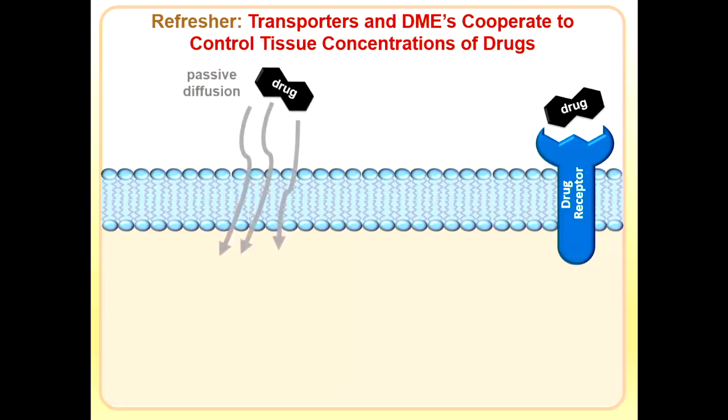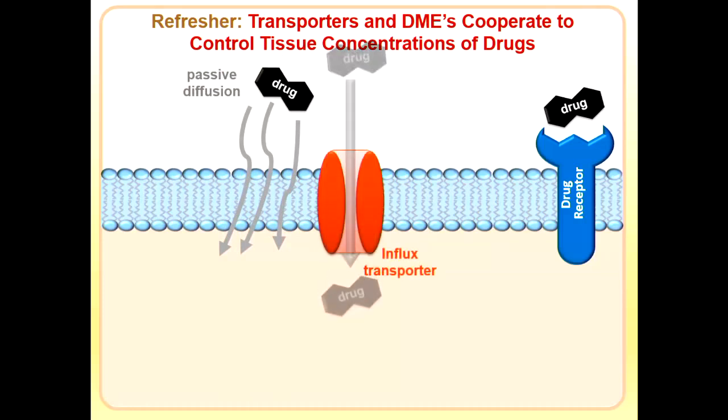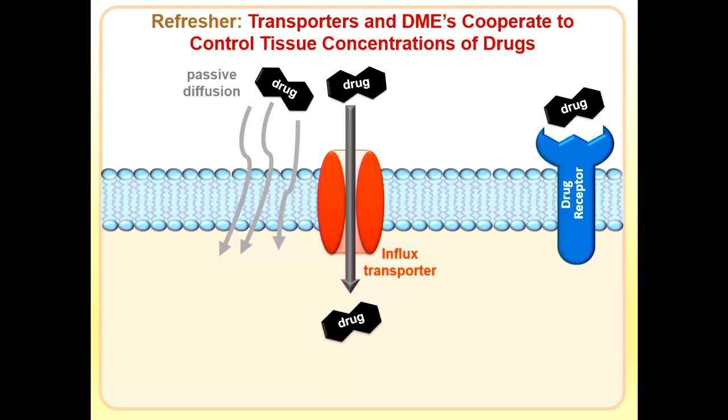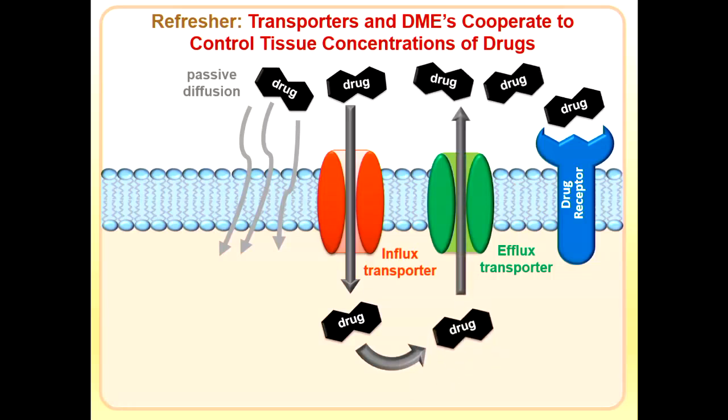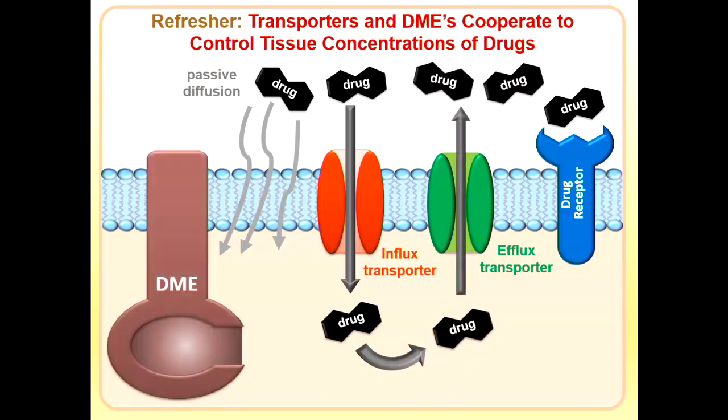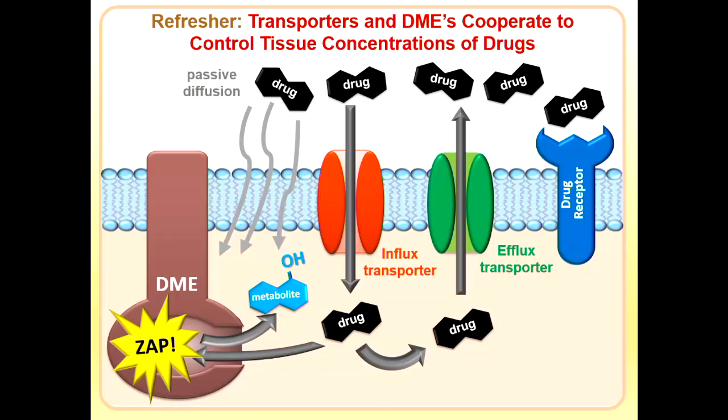So that's why we're interested in the role of transporters that assist on and run over the top of passive diffusion to bring drugs into their target tissue or excretory organs, whatever tissue we're looking at really. But then there's also efflux transporters removing drugs. And then, of course, within cells, there's often drug metabolizing enzymes carrying out chemical alterations to form metabolites.